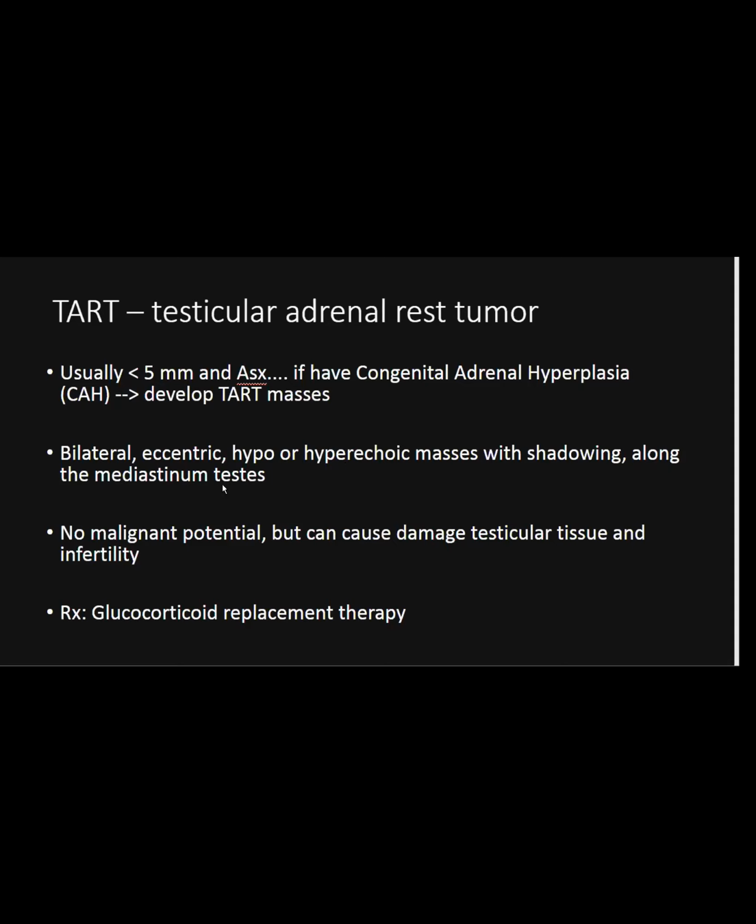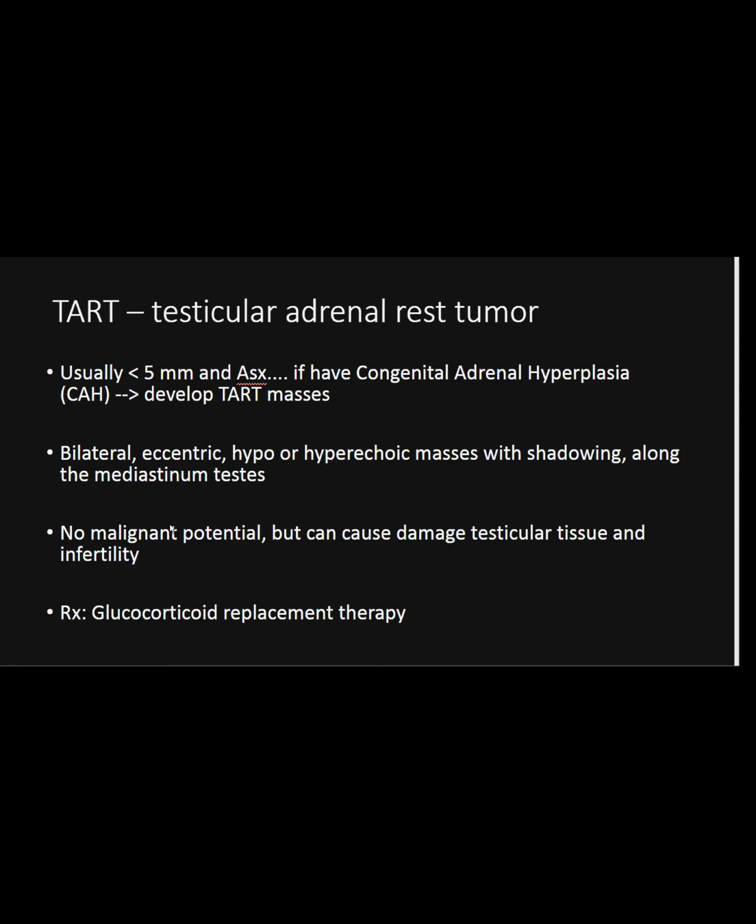And they're usually along the mediastinum testis. They have no malignant potential, but they can cause damage to the surrounding testicular tissue and infertility. So sometimes they will either resect these or at least do sperm preservation in patients who have these, so that they can use the sperm later if they want to use that for fertility.